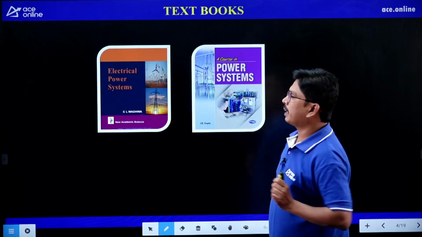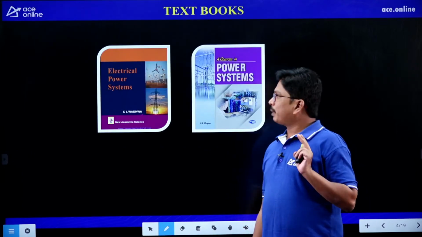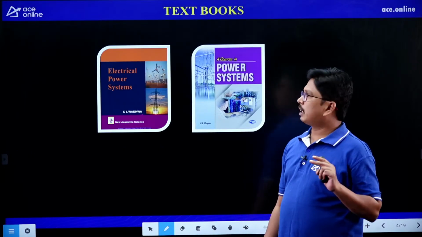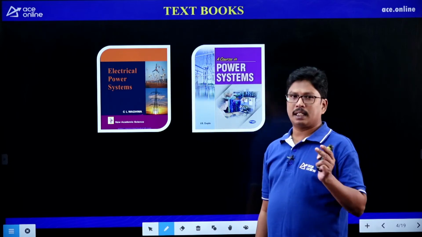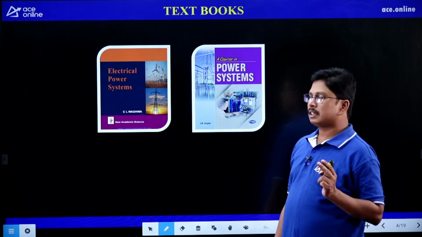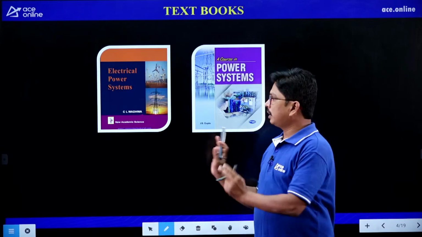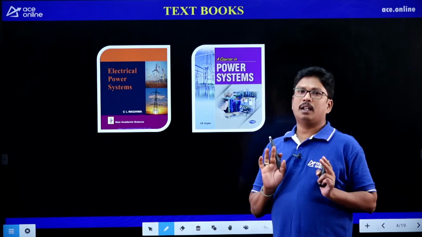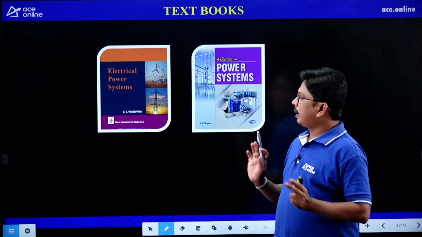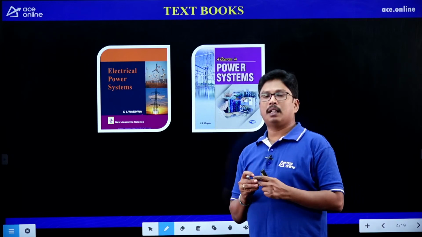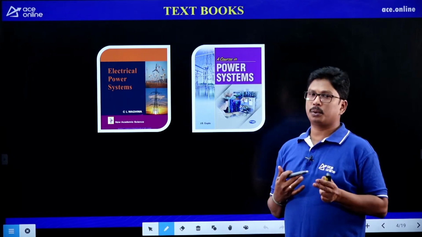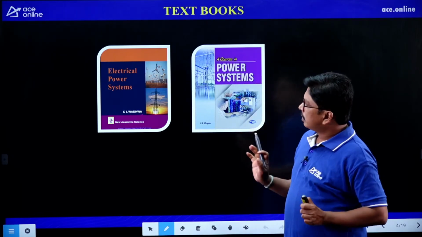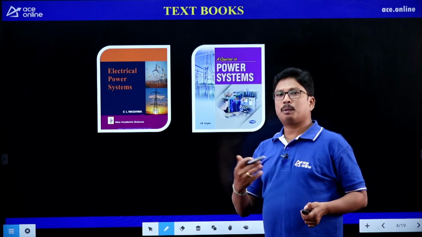What are the textbooks we can prefer? The textbooks we can take are Electric Power Systems by CL Wadhwa, and A Course in Power Systems by JB Gupta, right? These are the textbooks we can take for switchgear and protection, and in them we have some practice bits also. We can practice those questions too. After this, what do we have to practice?